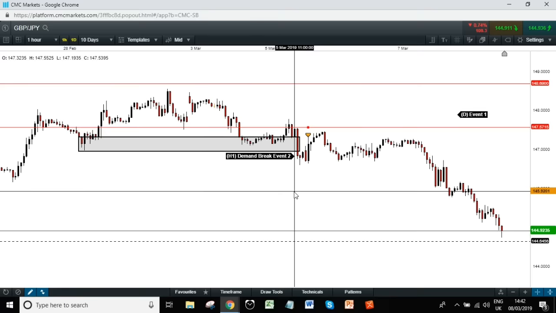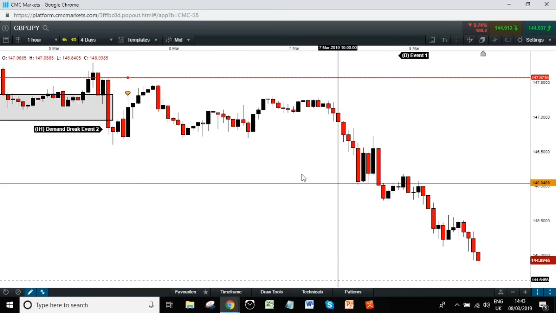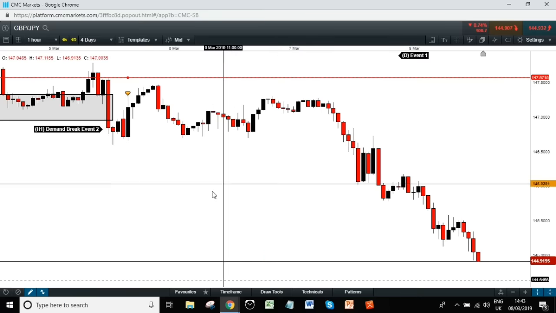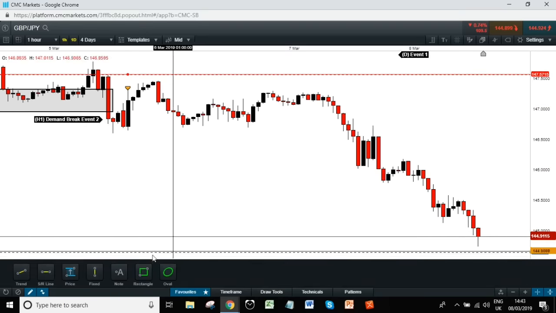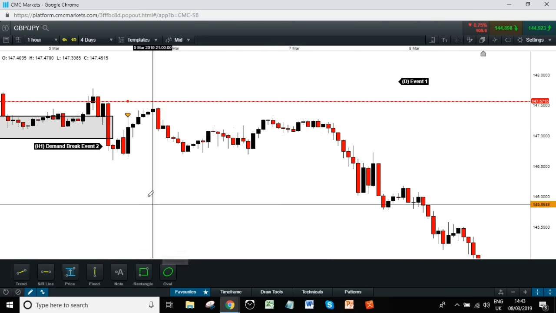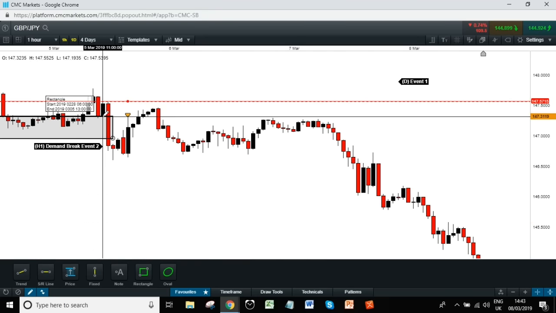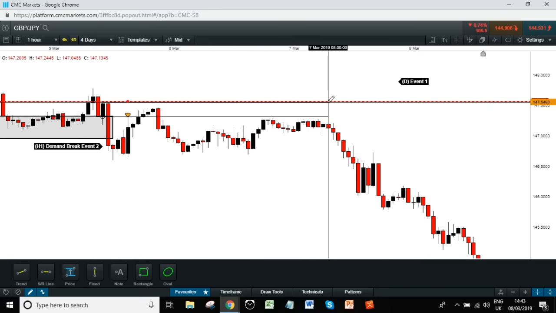So what we look for next is the zone that actually produced that break of this H1 demand level, and more than likely you guys can see it immediately. Hold on, let me get this here. So that's the zone right there. Let's just make that red.